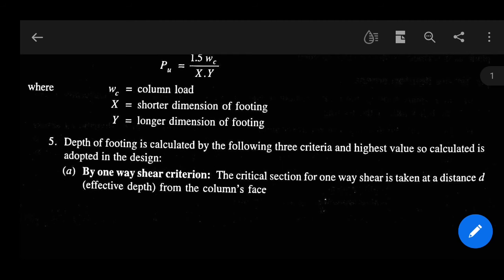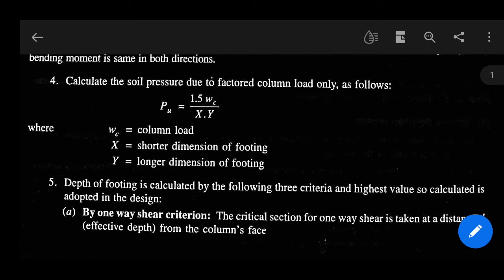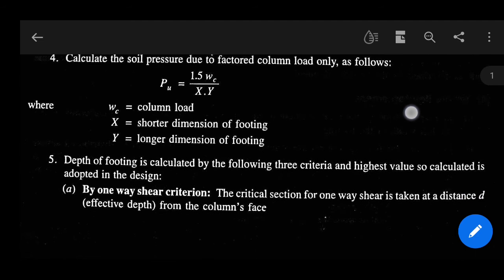Number 5, after calculation of soil pressure, the depth of footing is calculated by the following 3 criteria, and the highest value so calculated is adopted in the design. So that is the final step. There are three criteria.